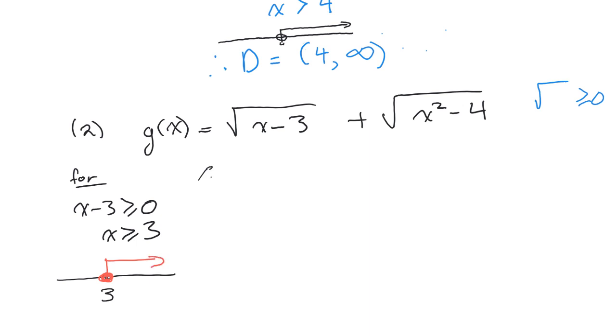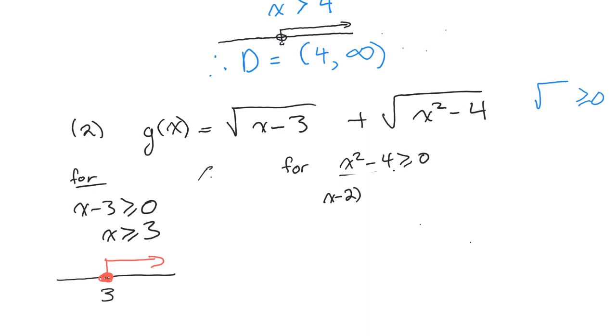So now let's discuss what happens to this part here. For x squared minus 4, we got that greater than or equal to 0. Now, when we go and solve for this, we're literally going to be running through the gamut. Because it's a quadratic, we always have to factor.